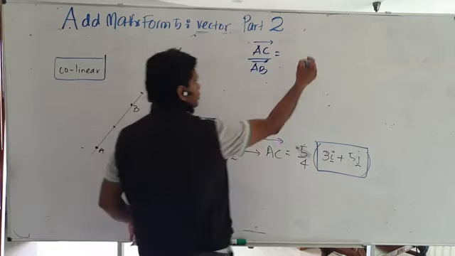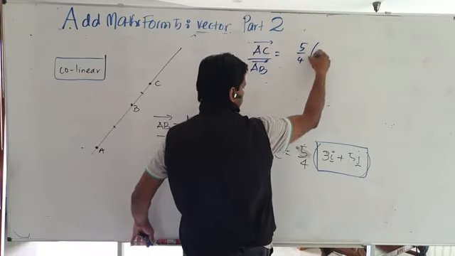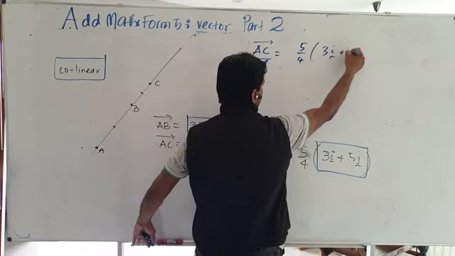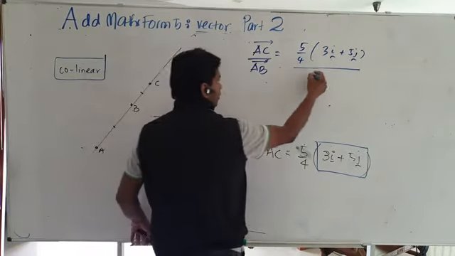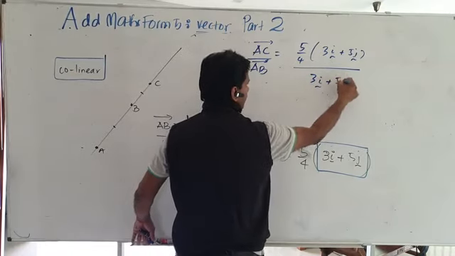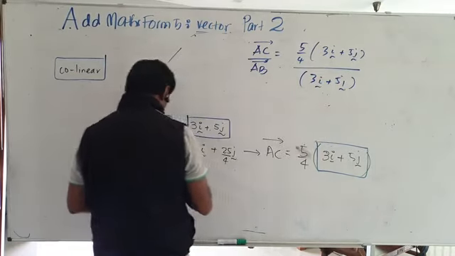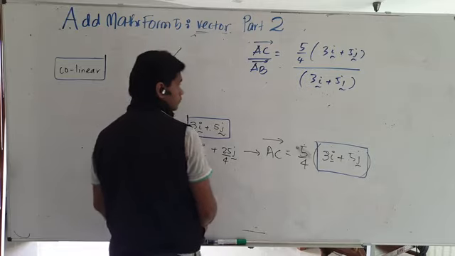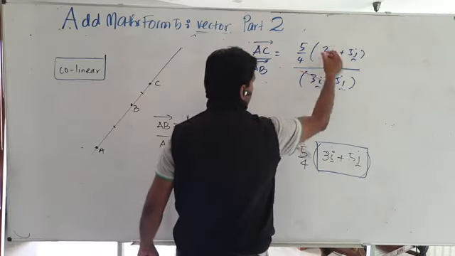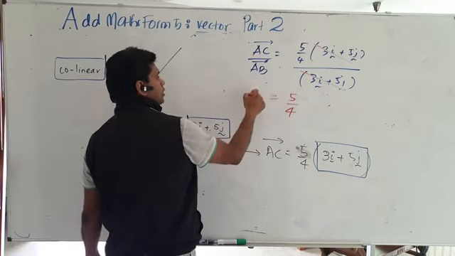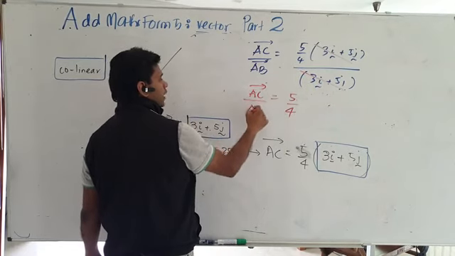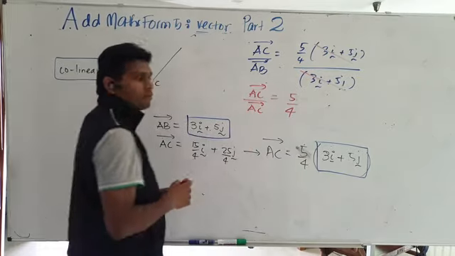So 5 over 4, 3i plus 5j, divided by AB, 3i plus 5j. What do you get? This cancels off, so it remains 5 over 4, which means the ratio of AC to AB is 5 to 4.